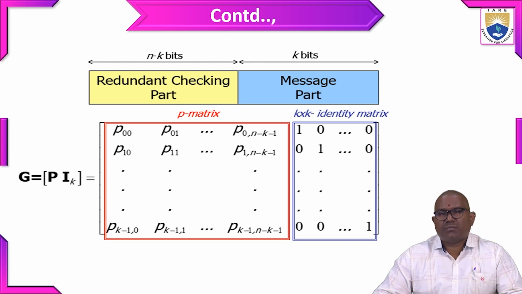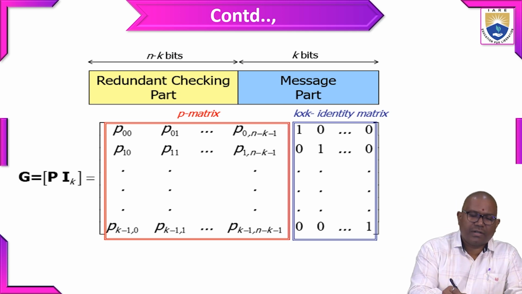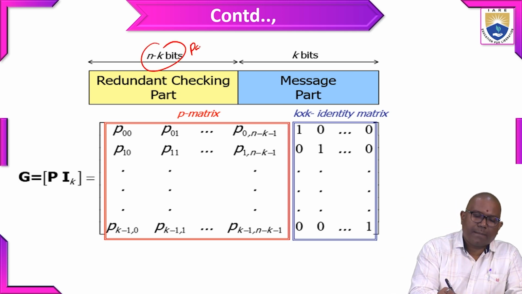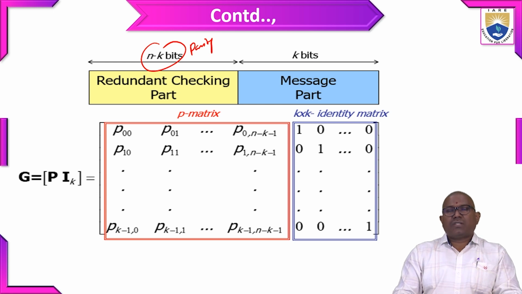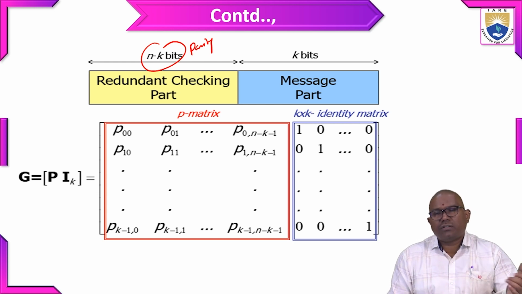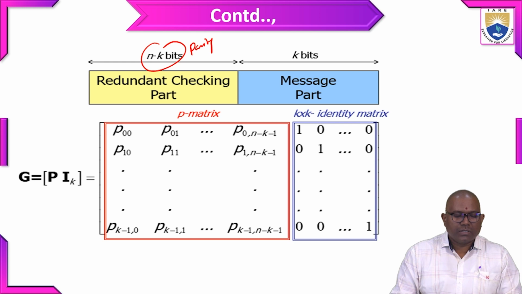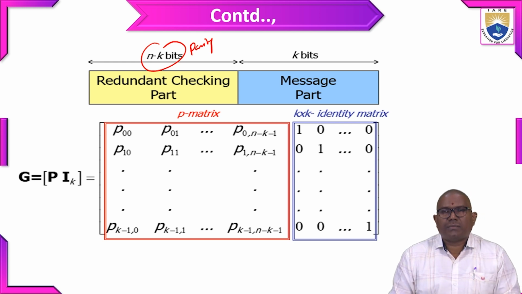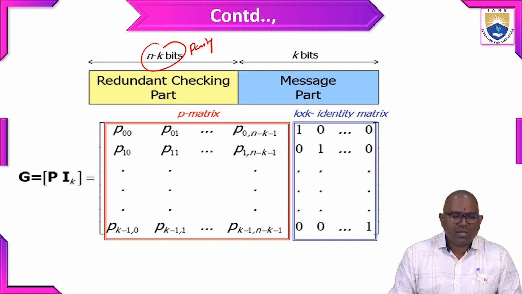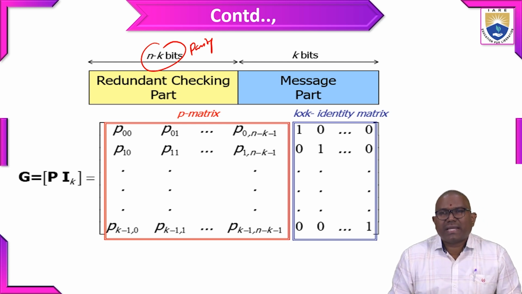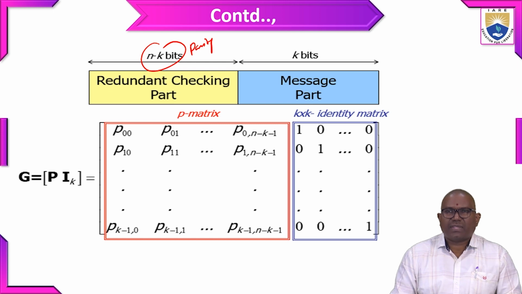K is the message. So these are redundant or parity bits. Here you add the parity bits at the channel encoder, and this parity will be removed. Okay. So G is in the form P I_K. P is the coefficient matrix, or simply you can call it the P matrix, and I is the identity matrix with the K size. Okay.